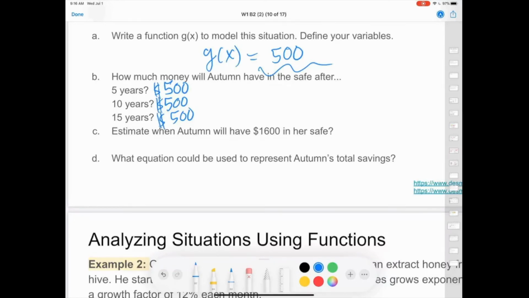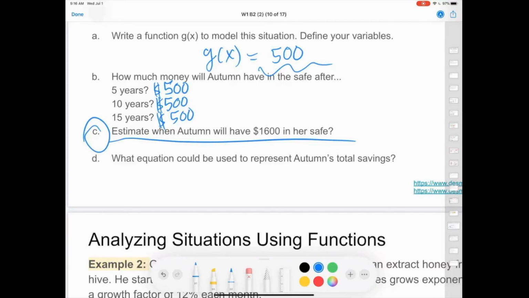It's asking you to estimate when she is going to have $1,600 in her safe. So how would you answer part C? Perfect, I see never.